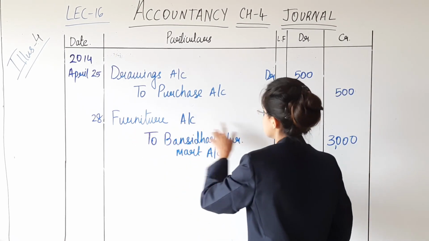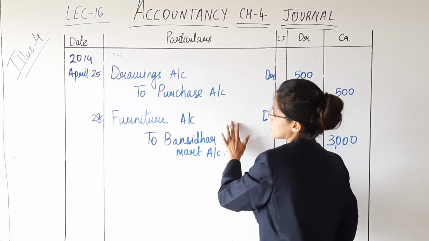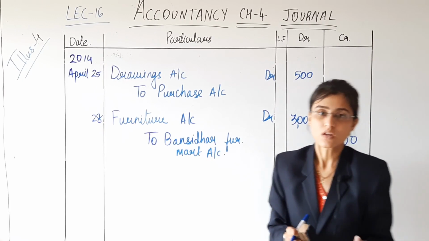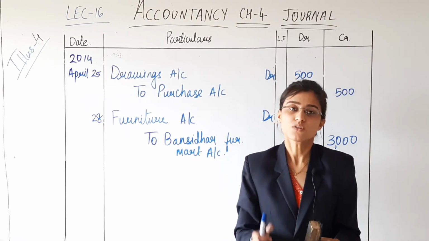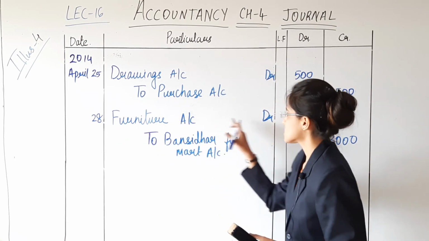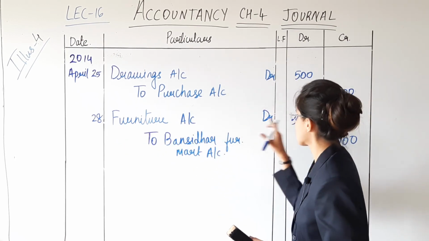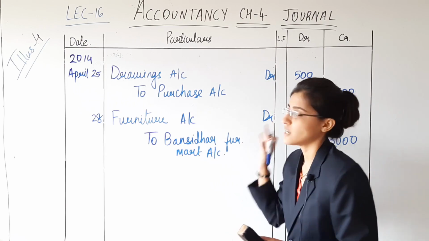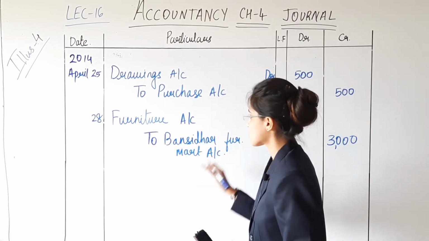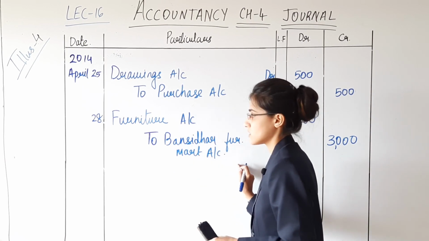So, furniture comes in, debit what comes in because furniture is an asset. Asset is a part of real account. The rule of real account is debit what comes in, asset comes in. So, furniture account has been debited with that logic, and it has been purchased from Bansidhar Furniture Mart.